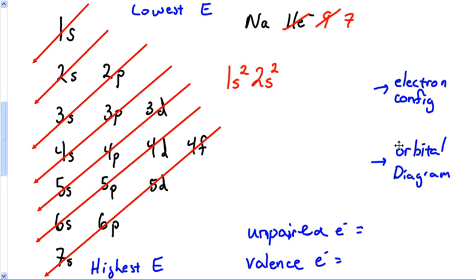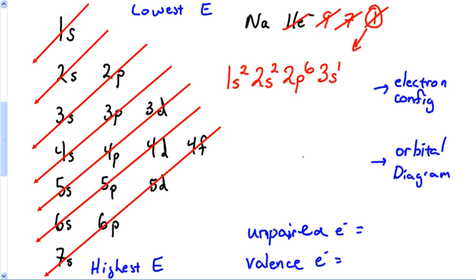After 2s comes 2p. 2p can hold 6, and we've got 7, so we'll fill it up, and we've got 1 left. After 2p is 3s. A 3s can hold 2, but we've only got 1, so we'll just give it that 1. And we are finished. So that's my electron configuration.